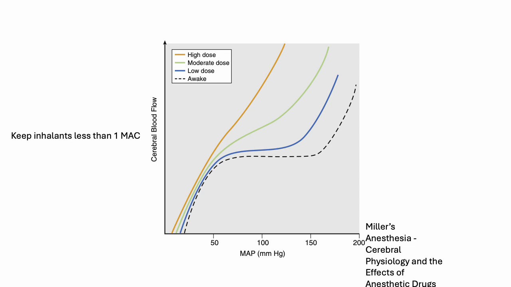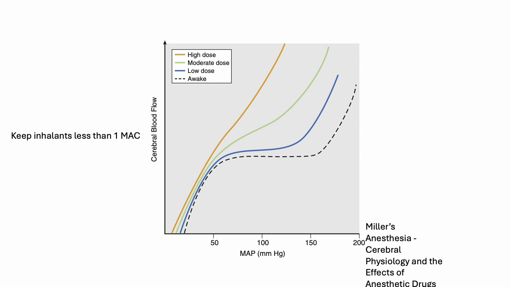This slide shows that it is very important to keep your inhalant dose low. So the normal is the dashed black line, and going to the left is a higher and higher dose of inhalant. You can see at low-dose inhalant, you still have that autoregulation, but as you go up, you lose that autoregulation, right?